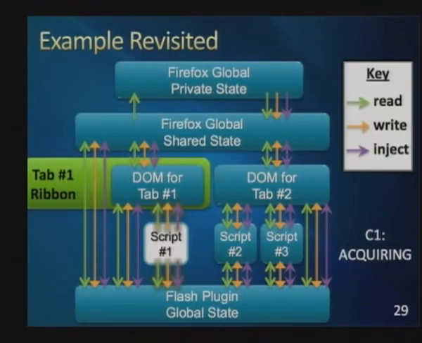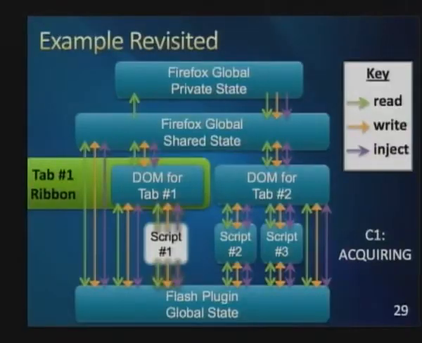So the script is trying to acquire read, write, and inject privileges on the document object model, which is fine because the creating ribbon itself has privileges on itself. So that meets condition 1 for acquiring. And then also, it wants to acquire privileges on the Flash global plugin state. And notice that the document object model ribbon there does indeed have those privileges. And so the new protection domain is allowed to acquire those privileges.